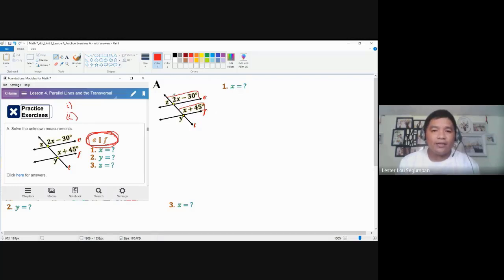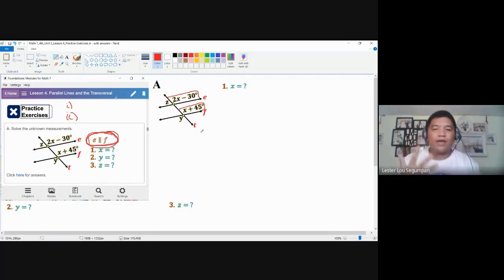So this angle here and this angle here are found on the same side of the transversal line. We have five pairs of angles formed by a transversal line, one of which is corresponding. Next is alternate interior. Next is alternate exterior. The next is same side interior and same side exterior.